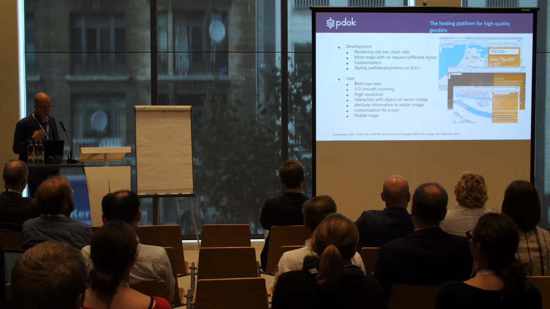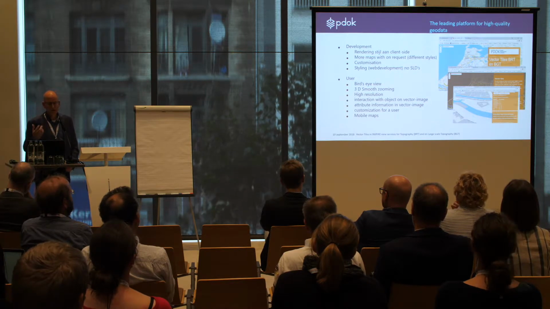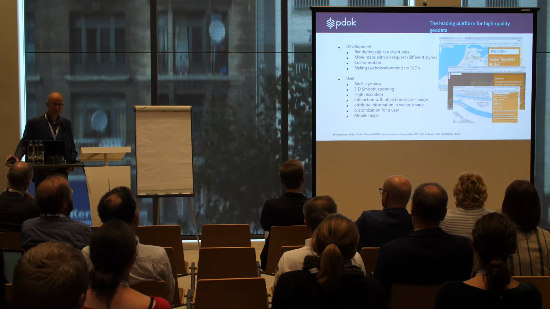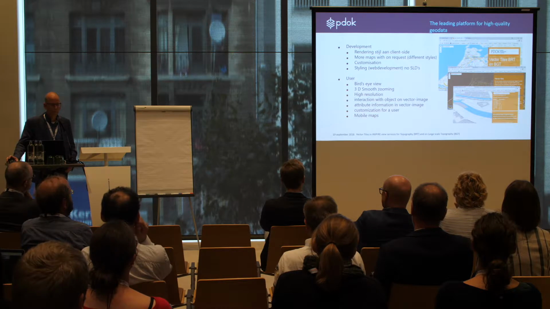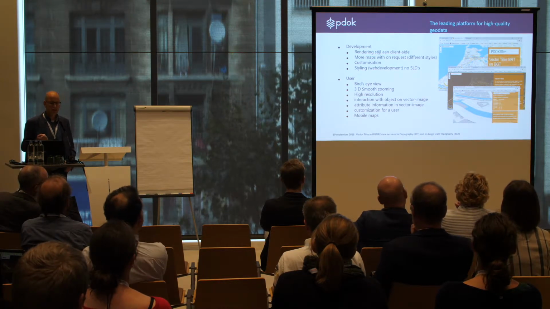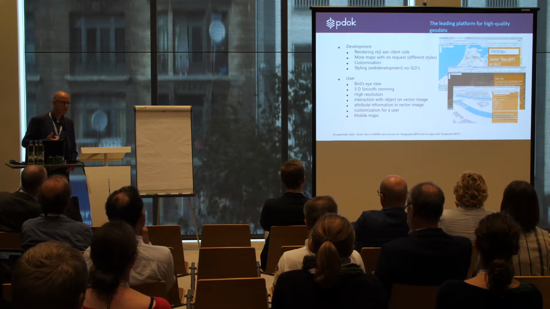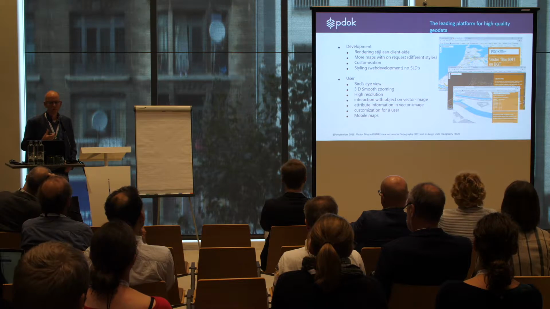For the various use cases, development is much more in line with normal website development. Also, it's possible to interact with the map, and because you're showing vectors, you can see the objects from various viewpoints.